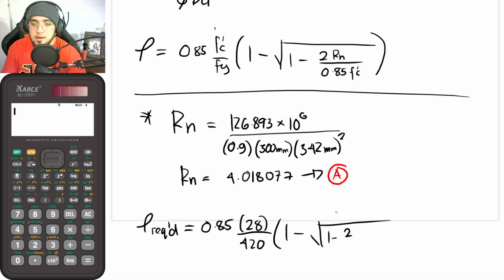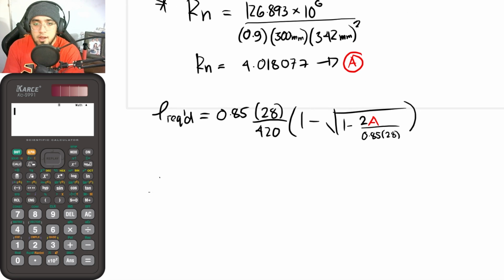Since I have already stored Rn to A, this is now A divided by 0.85 times F prime C, and our F prime C is 28 once again.